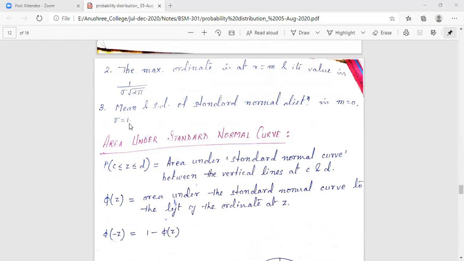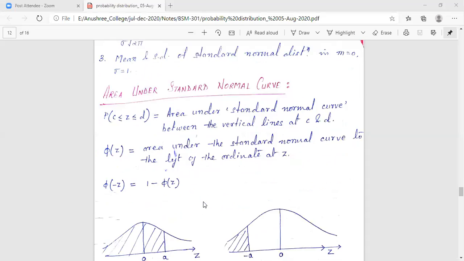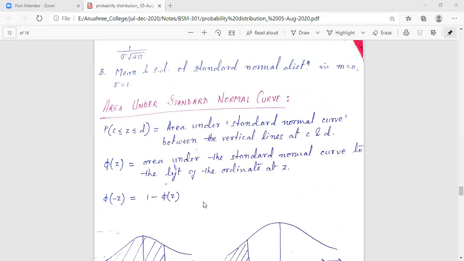Now next we are going to learn how we are going to tackle the problems whenever they are given to you, how we are going to find the probabilities. There are some specific rules that we are going to follow in standard normal distribution, or you can say normal distribution, to obtain the probability. Okay. Next, I am going to share, just have a look over this and then I'll make it clear on our whiteboard also.